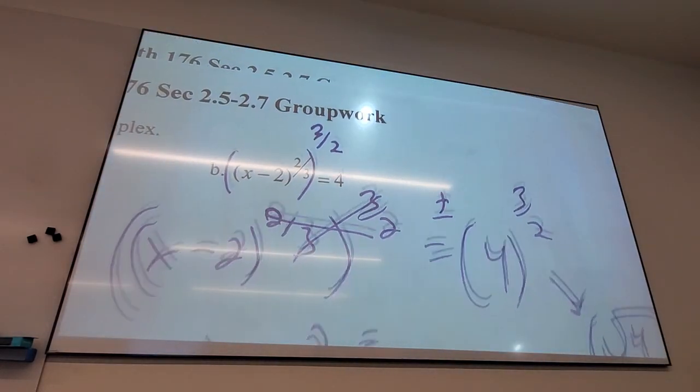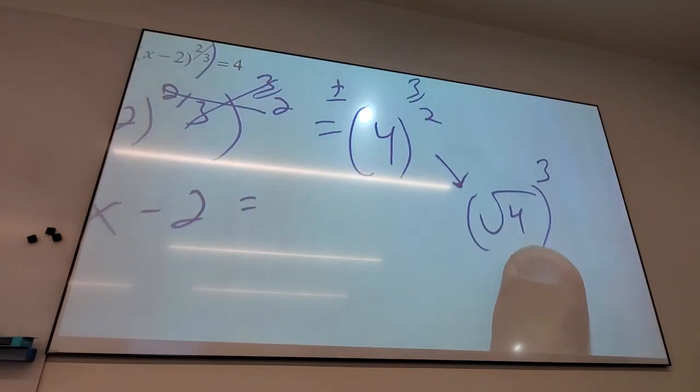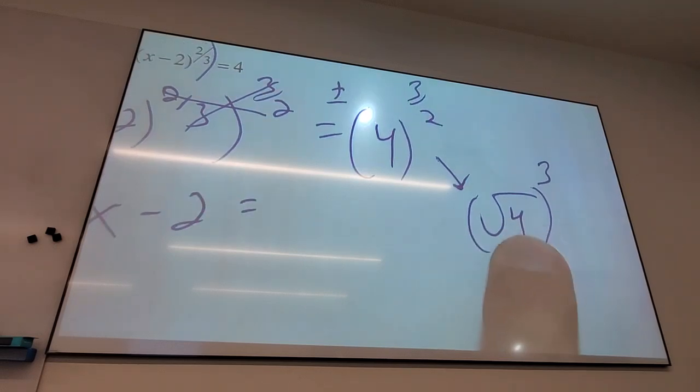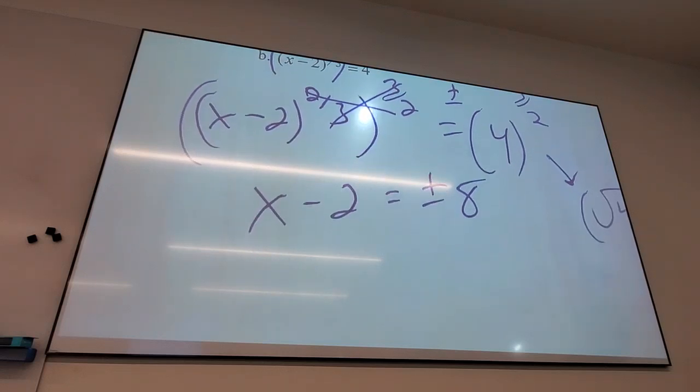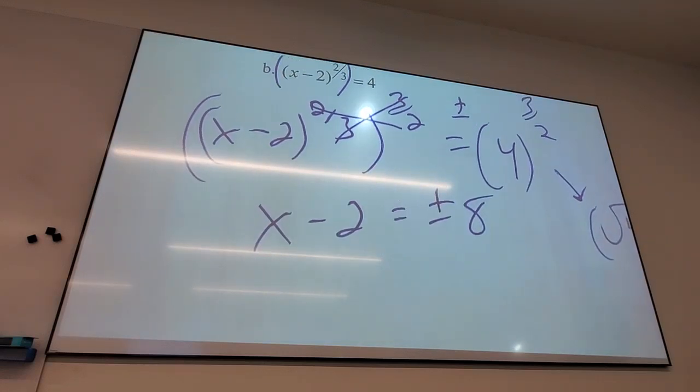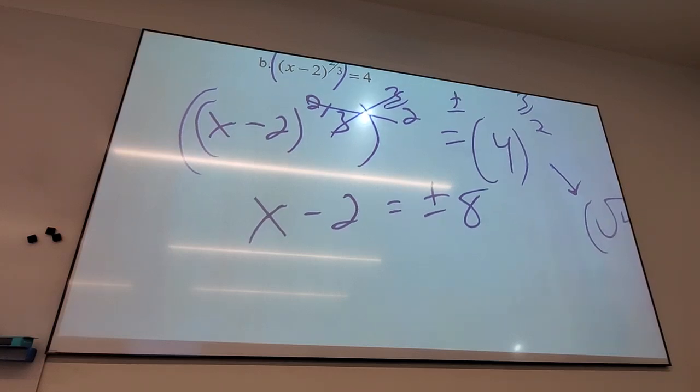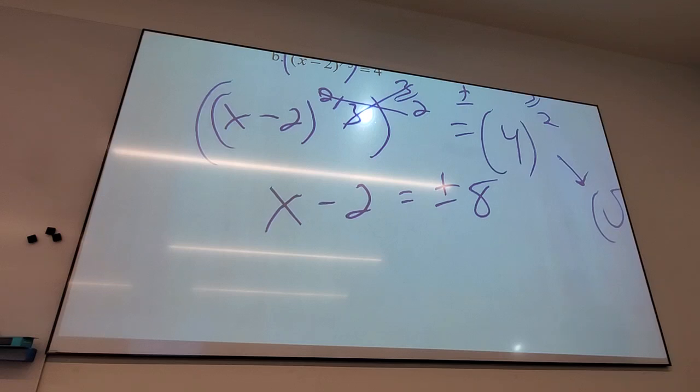So coming back to this problem, what do you get here? 8. Yeah, 2 cubed is 8, so I got plus or minus 8. And then what do you do then? Add.